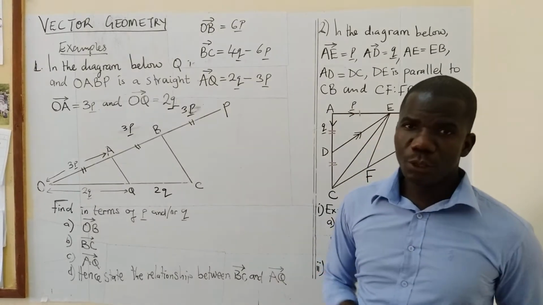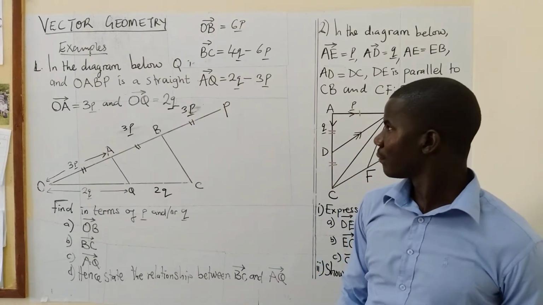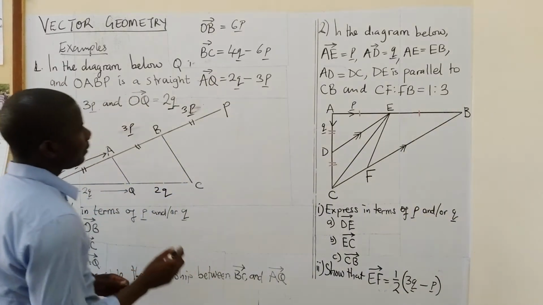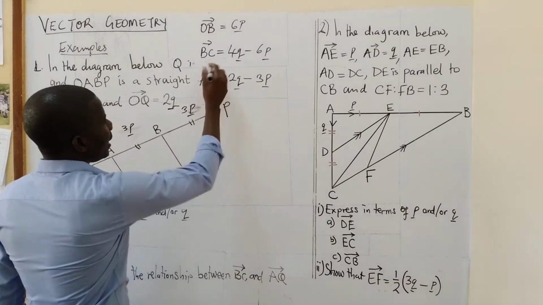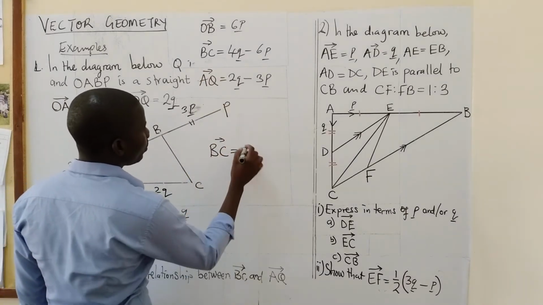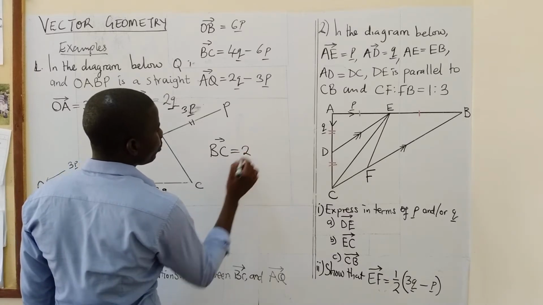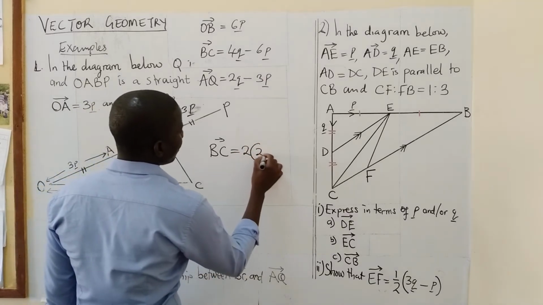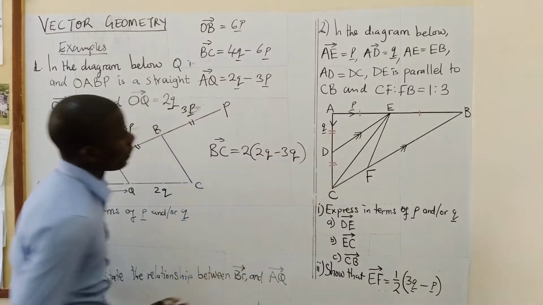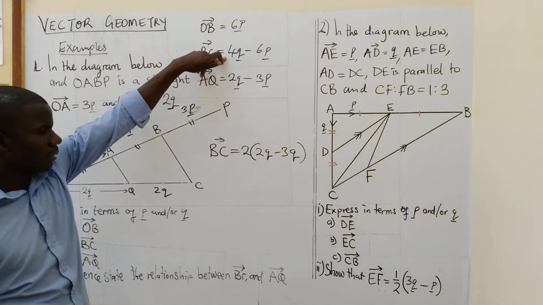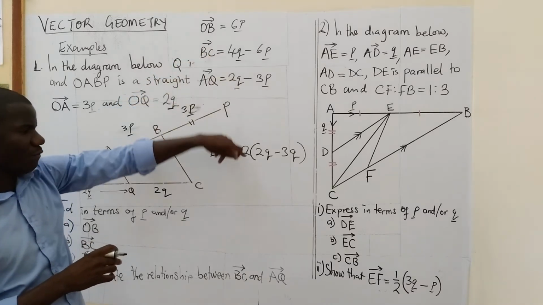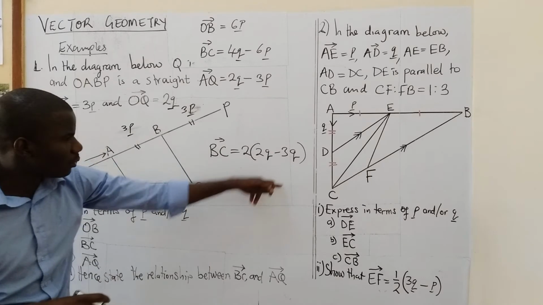Look at that and tell me what the relationship is. You're going to discover that BC is equal to 2Q minus 6P. When we factorize 2 here, exactly like I had demonstrated on the last one, this is what you are going to get.